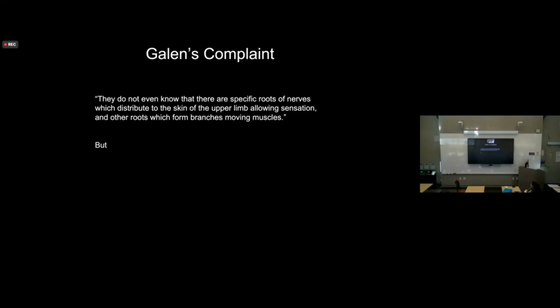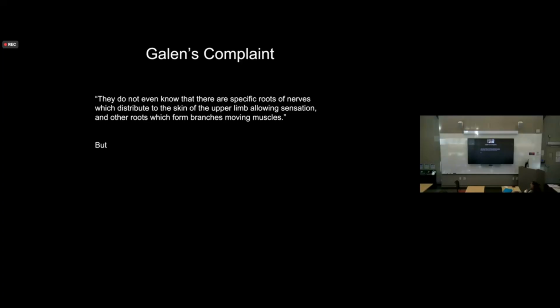He said they do not even know that there are specific roots of nerve which distribute to the skin of the upper limb, allowing for sensation, and other roots which form branches that move the muscles. So what he's describing there is the structural functional relationship between the cords and the nerves and how those ultimately translate into the function that we observe. And we'll talk about the fallen sophist here in a second.